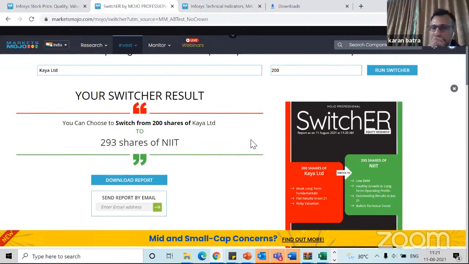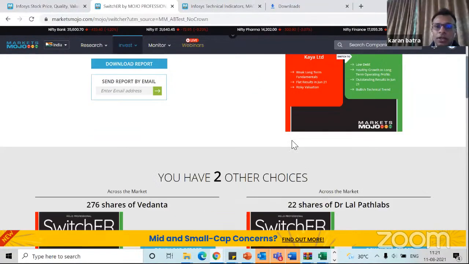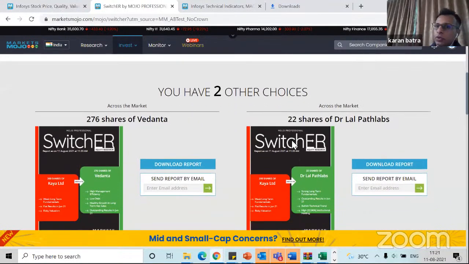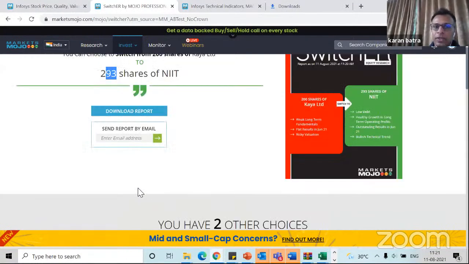So what the system is suggesting, if I'm looking at small cap stocks, I have Kaya, I should switch out of Kaya 200 shares and get into 293 shares of NIIT. Now, why get out of Kaya and why get into NIIT is the switcher report. I have more options. If I'm looking across the market, I can even go for Vedanta or Dr. Lal Pathlabs.